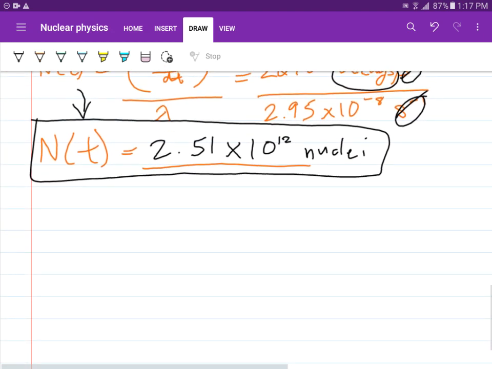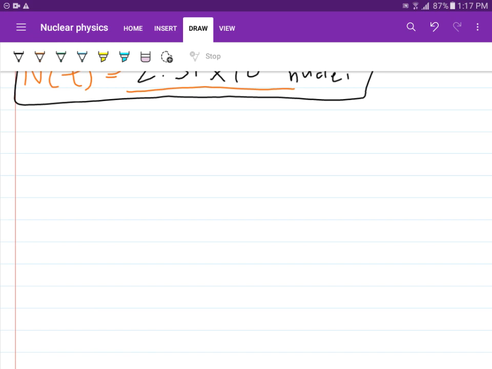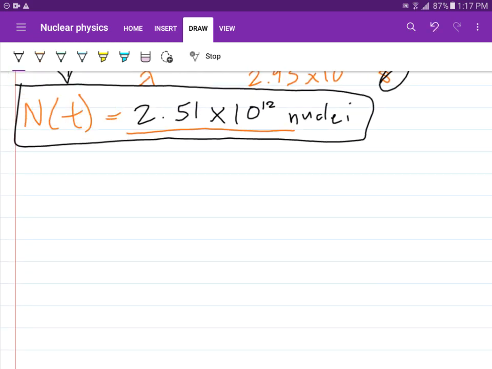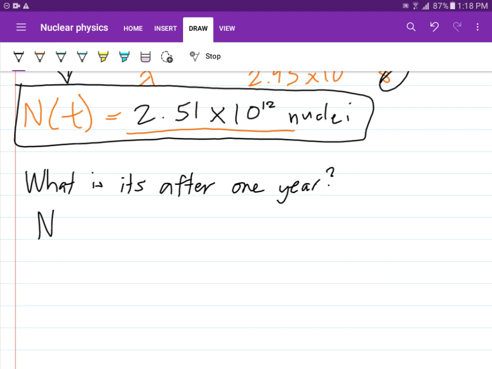To know more about activity, there's another question. What is its activity after 1 year? So we go back to the equation where N(t) equals N naught e to the minus lambda t.